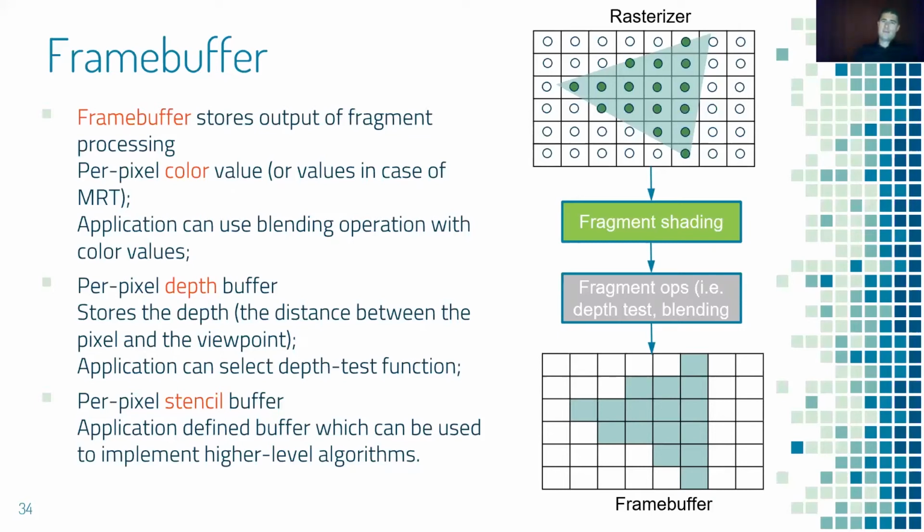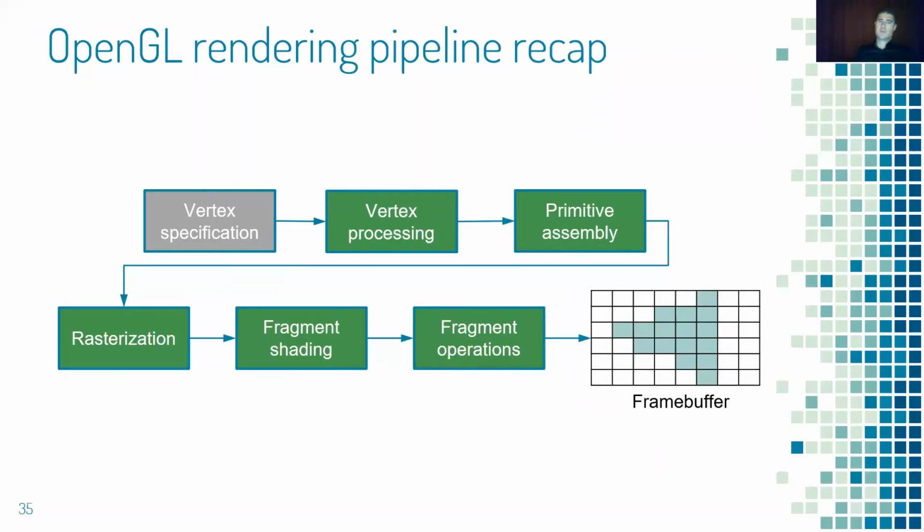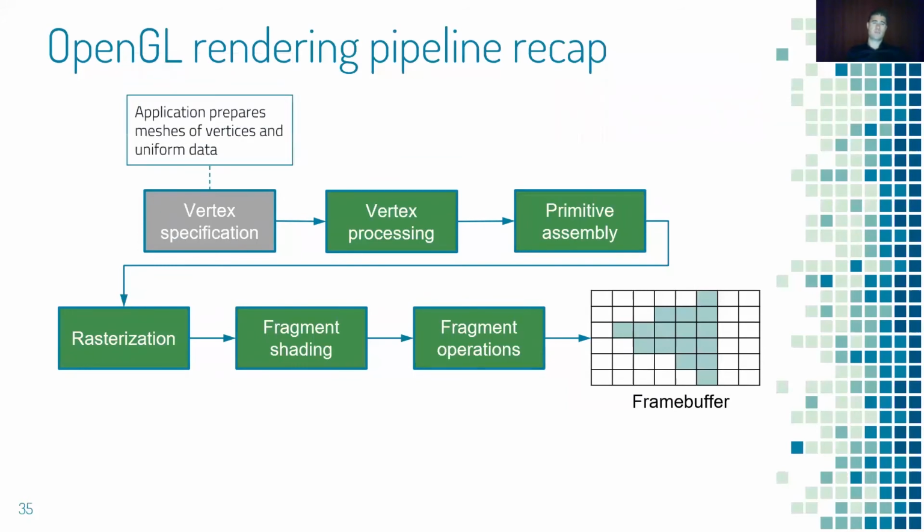And now we'll do a short recap of the OpenGL rendering pipeline. Like I said before, the first part runs on the CPU. It's preparing the meshes of vertices and uniform data for the objects that we want to draw in the scene. Vertex shading runs next, for each vertex.